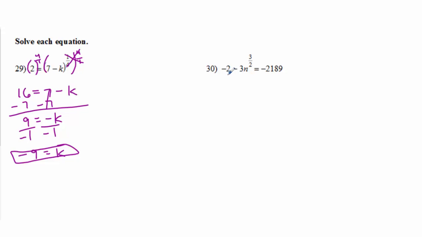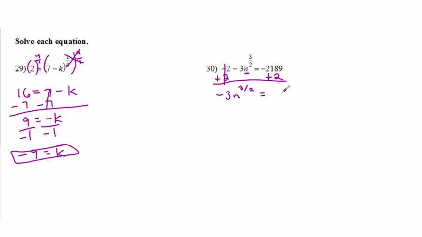Now, on this one, what I want to get by itself is this n to the 3/2, because that's the only part of that that's to a power. So before I flip my power or anything, I need to add 2 and also divide by the negative 3 that's in front of n.